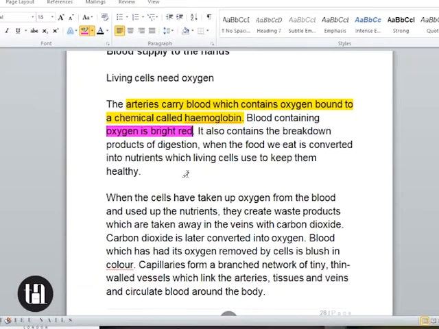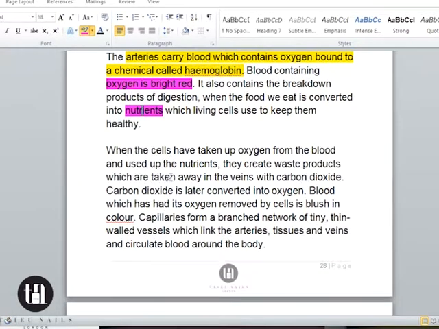It also contains the breakdown products of digestion, which basically are nutrients, which are carried to the living cells to keep them healthy. When the cells have taken up the oxygen from the blood and used up the nutrients, they create waste products, which are then taken away by the veins with carbon dioxide.